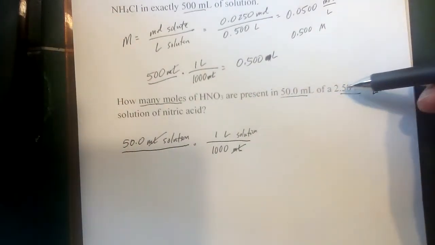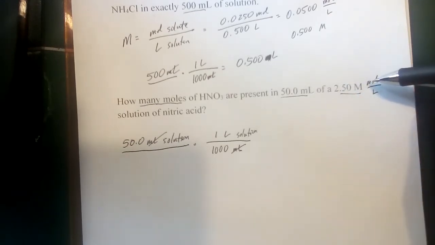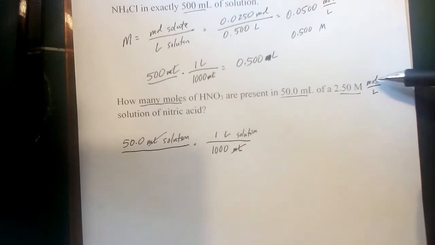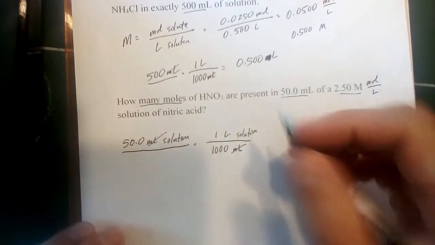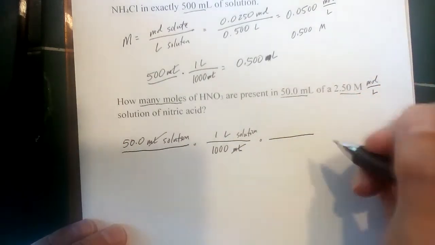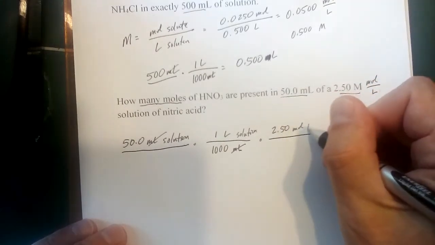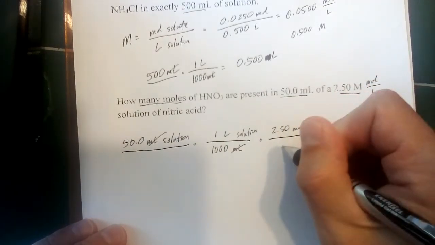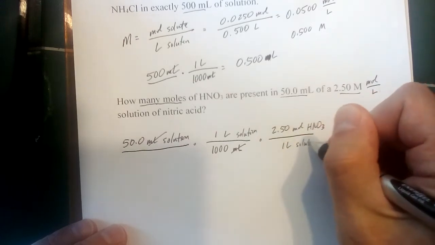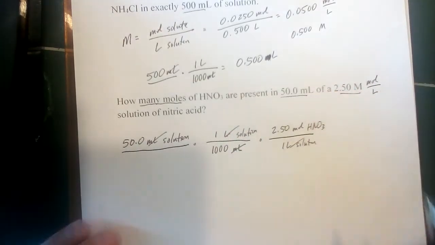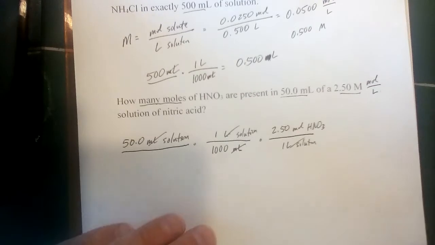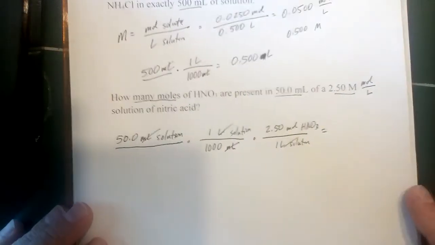Now, 2.50 molar means 2.50 moles of the solute, which is the HNO3 or nitric acid, per liter of the solution. So multiplying by the molarity here, 2.50 moles of HNO3 per liter of the solution. That will cancel out the liter units that we still had hanging around there, and that will give us what we're looking for.